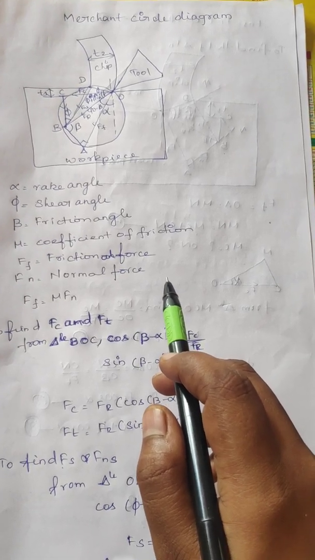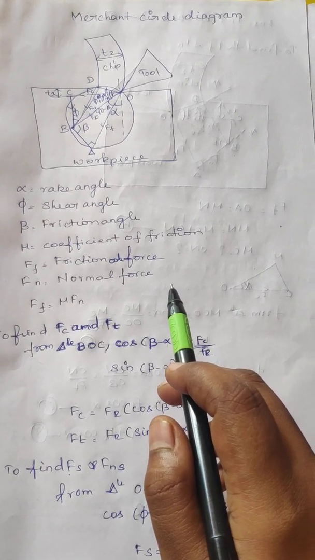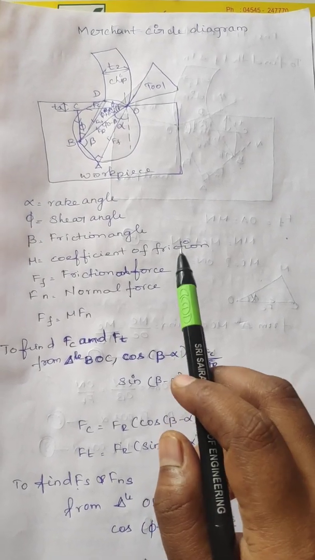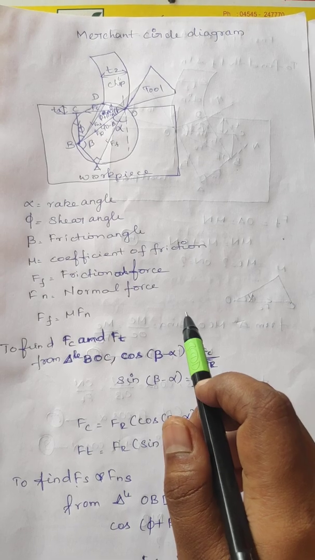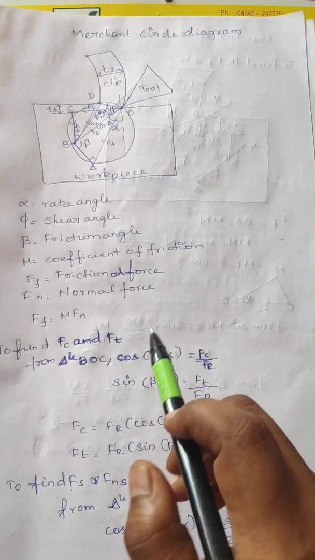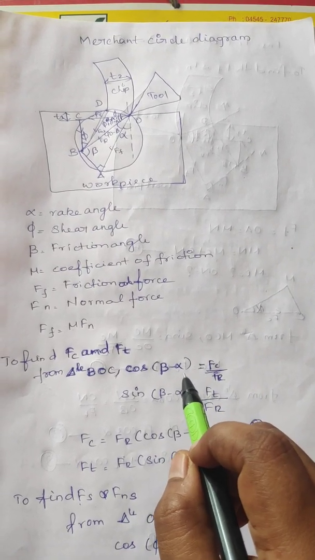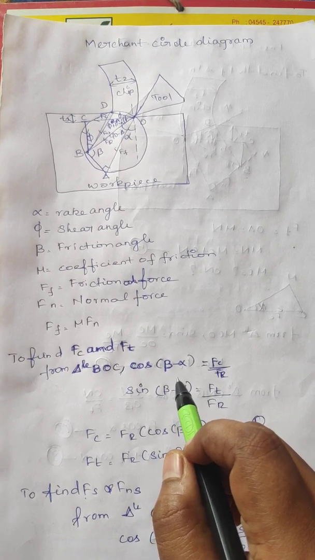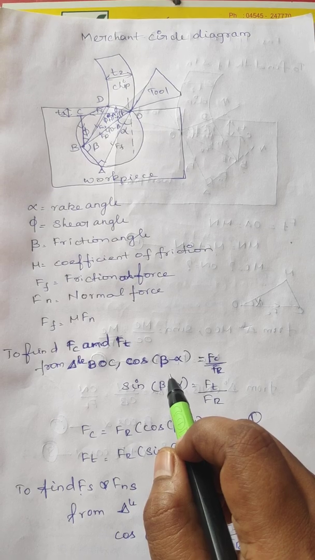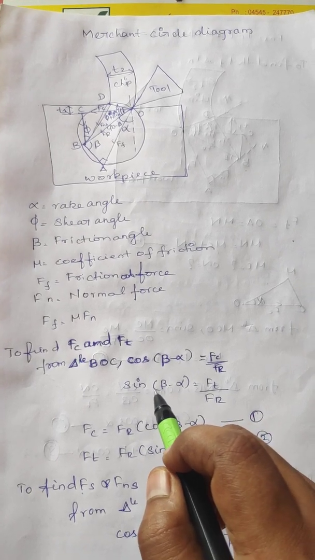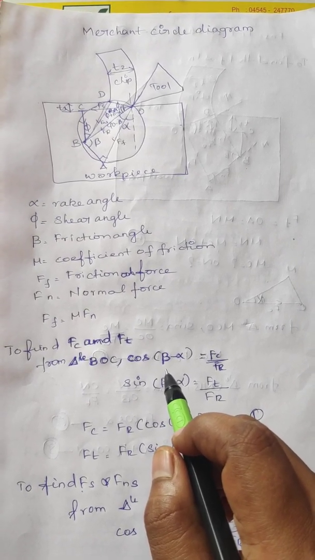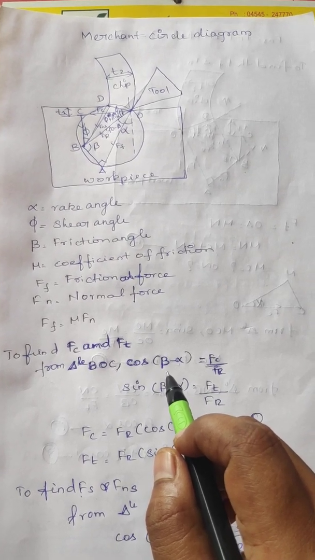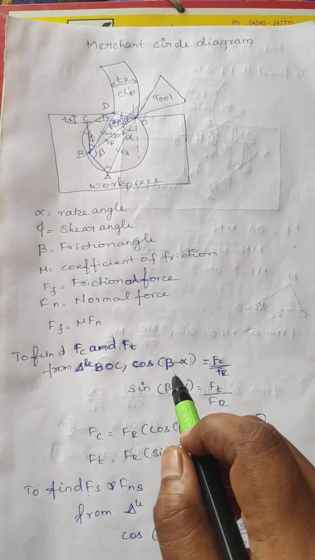So the person called Merchant developed a circle diagram. He developed a diagram and made some analysis, starting with some assumptions. He assumed that the tool is perfectly sharp and there is no contact between the workpiece and the tool flank. If there is no contact between the workpiece and tool flank, there will be no friction. The next assumption is that the width of the cutting tool is greater than that of the workpiece, and only continuous chip is formed.